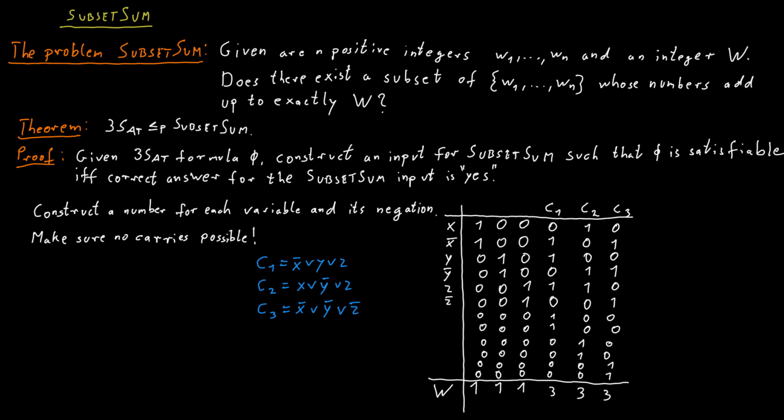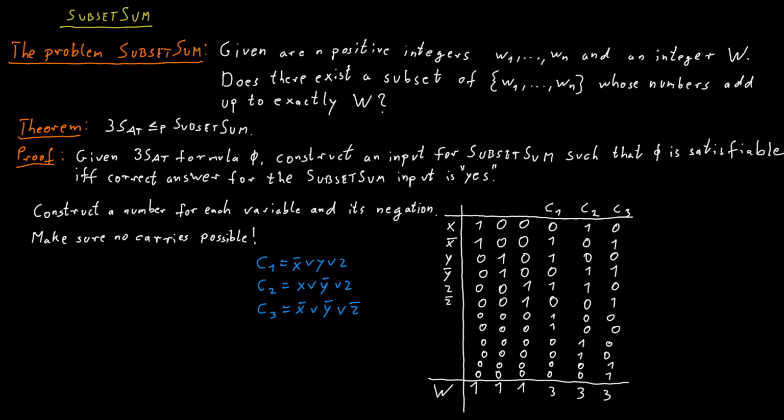Or I could pick only one of the dummy numbers and 2 of the literals that occur in the clause, and then the clause would also be satisfied, of course. But I could also not take any of the dummy numbers and take 3 literals that belong to the clause. All of those are possibilities to reach this target value.